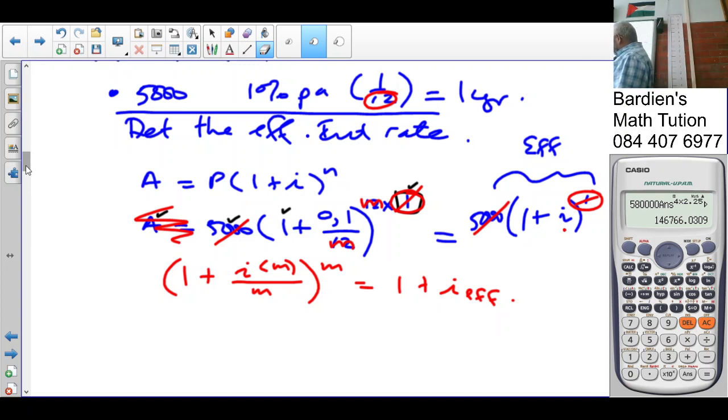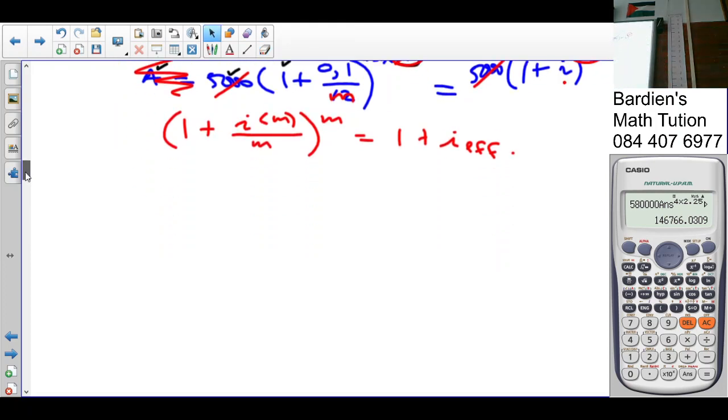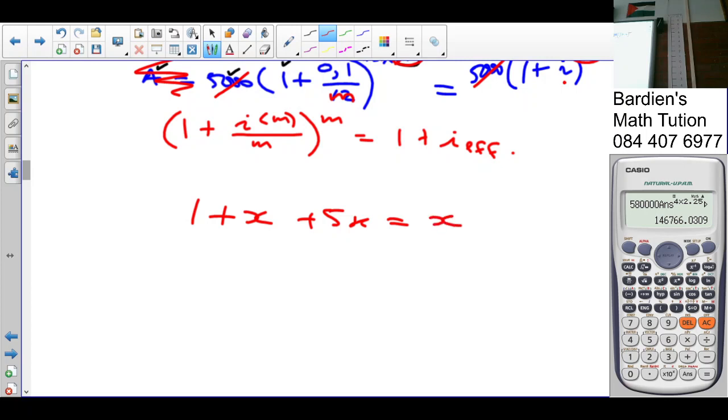However, we can't have both I's there. Because if you say that is an I and that is an I, then that means the I's have to be the same value. Like if you've got an equation, say 1 plus x plus 5x equals x. Then what do we know? That this value of x there is the same value as x there, and is the same value as x there.